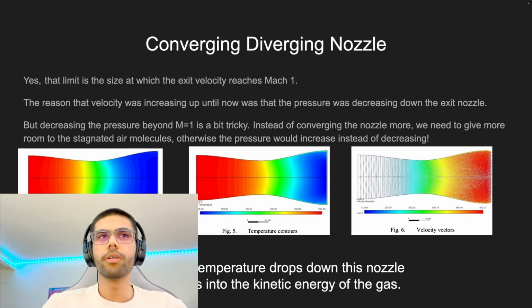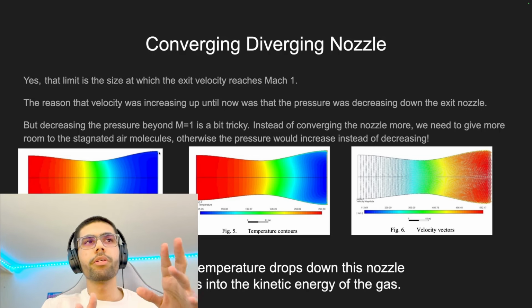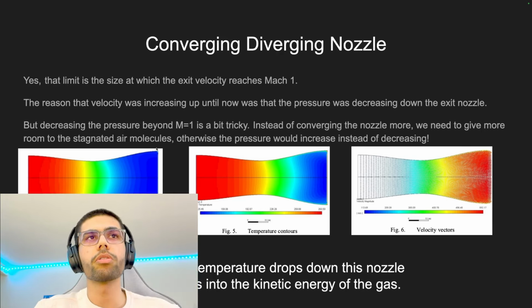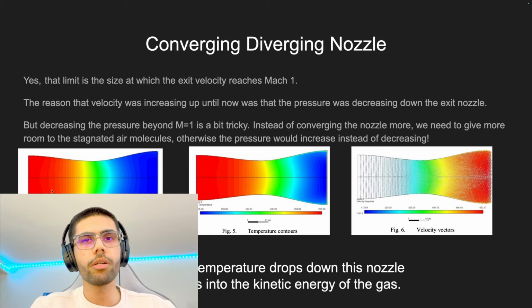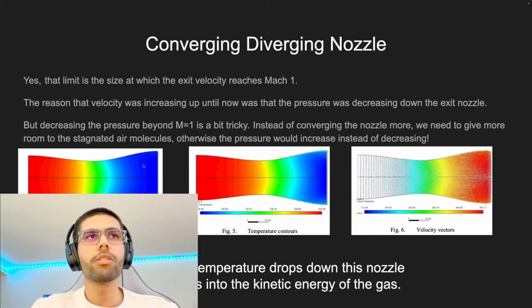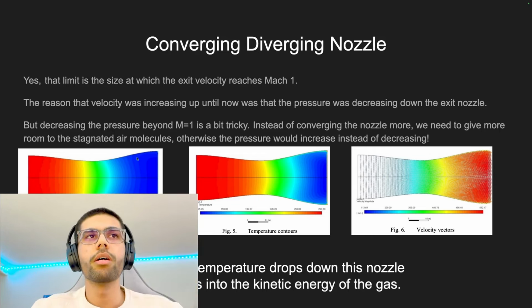And so now you can ask another question. You can keep on expanding the size of your nozzle, right? This section is the converging section where you're decreasing the cross sectional area. Now this section is the diverging section where you start to increase the cross sectional area.